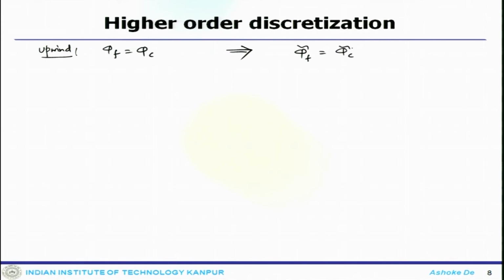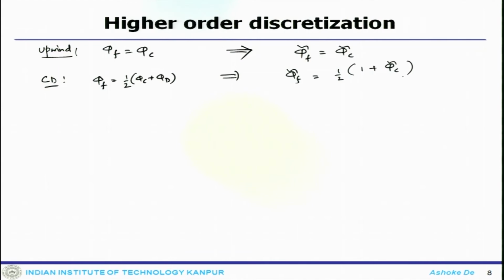Now, for the central difference scheme, we had phi f equals half of phi c plus phi d, which will transform to phi f tilde, which is nothing but half of 1 plus phi c tilde.